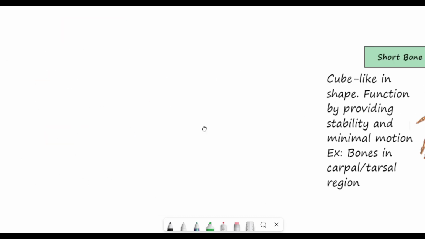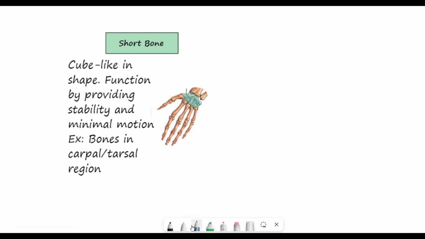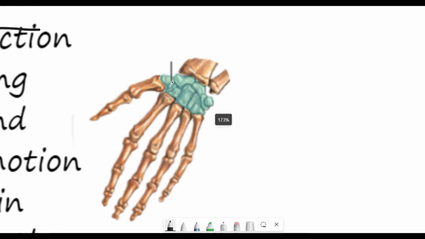Alright, so your next type of bones is going to be short bones. These are typically cube-like in shape, as you can see here. Good examples are going to be your carpal and tarsal bones. So carpal bones in your hand. You can see here, I believe this is pointing to your trapezium right here.